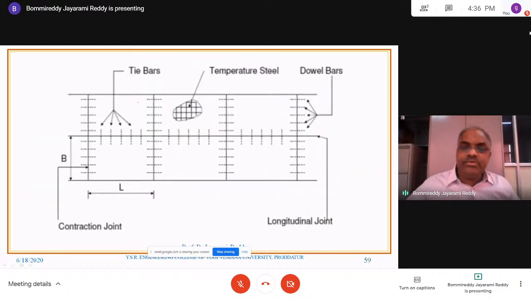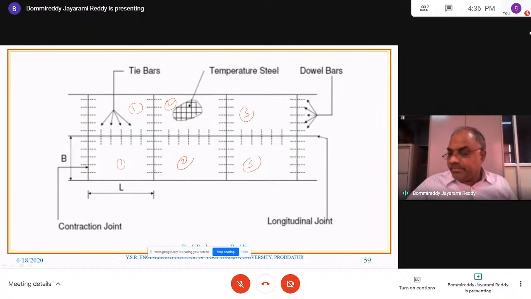This is the overall view of the various joints you can look at. Normally the rigid pavement will be in the form of slab panels. This is one panel, second panel, third panel, fourth panel, etc. And again it is 1, 2 and 3, etc. So now you can look at various joints.